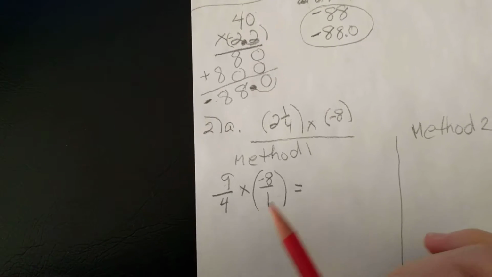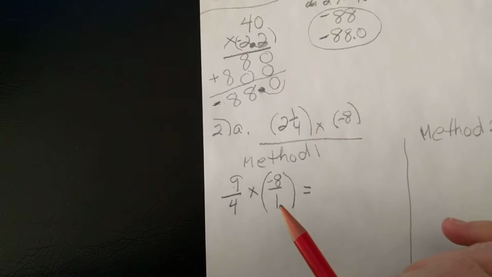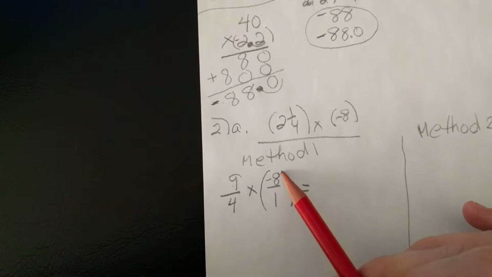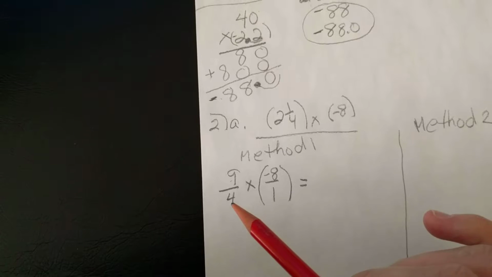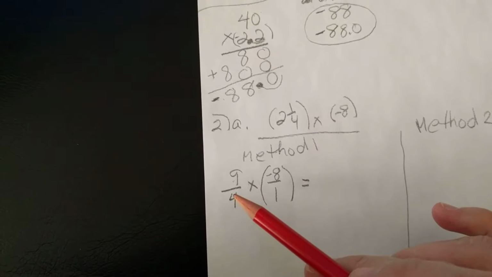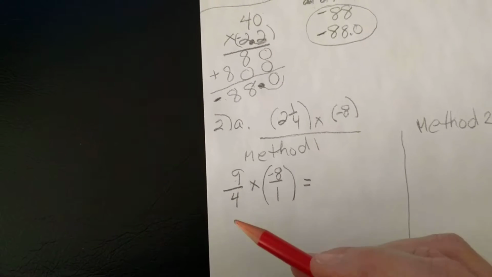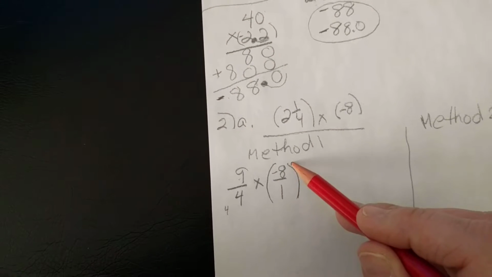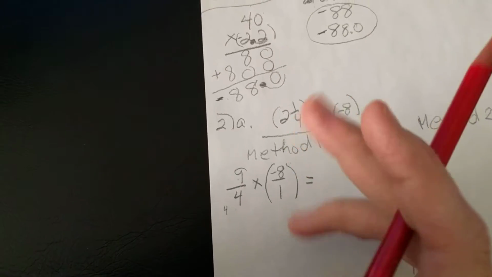So before I multiply straight across, top and bottom, I want to see if I can find common factors to reduce. So when I look at 4 and 8, 4 times 1 equals 4. They share a 4. And 4 times 2 gives me an 8. So both of these numbers share a 4.